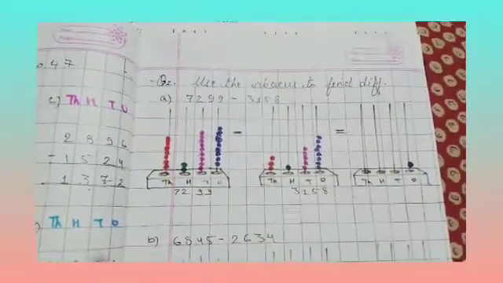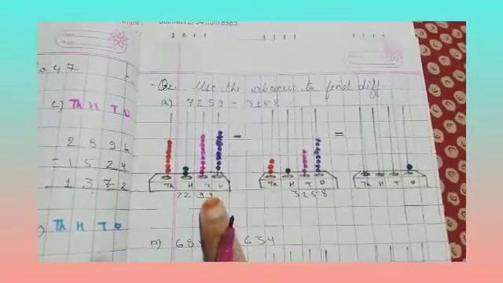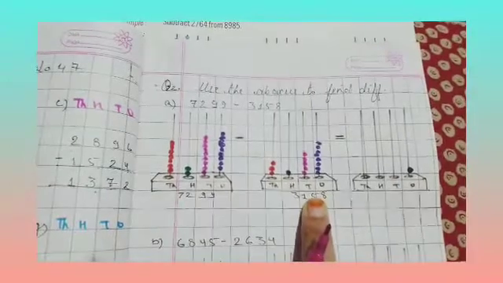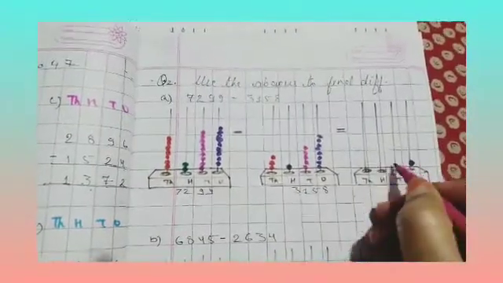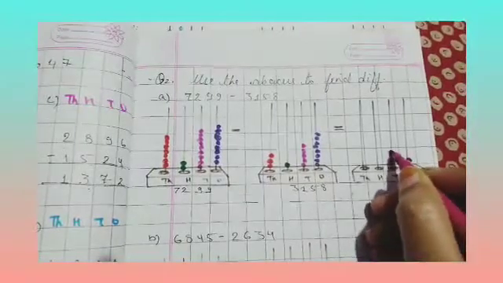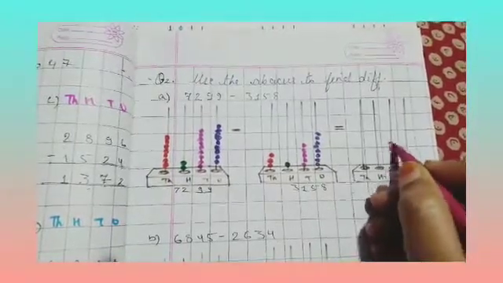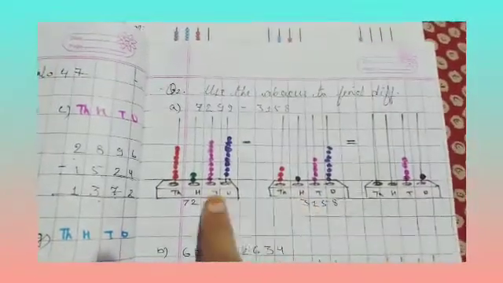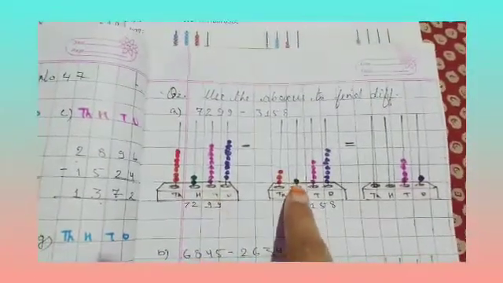Now at tens place, here is 9 and here is 5. So how many beads are less? 4. So we are going to place 1, 2, 3 and 4. At the hundreds place, here 2 beads are there, here 1 bead is there.